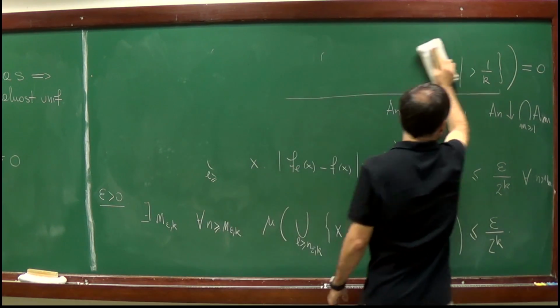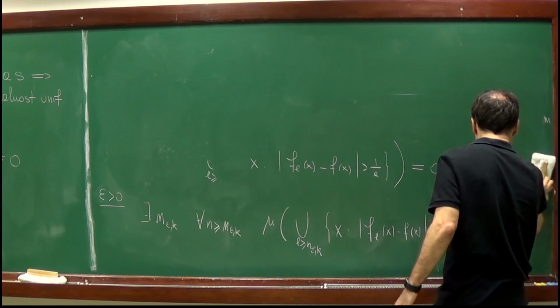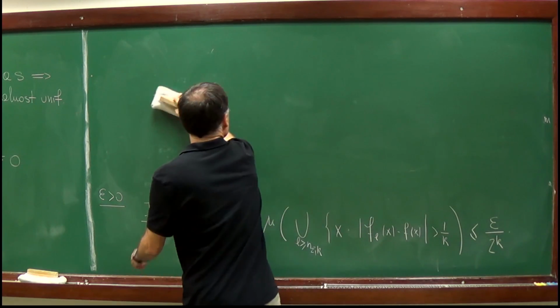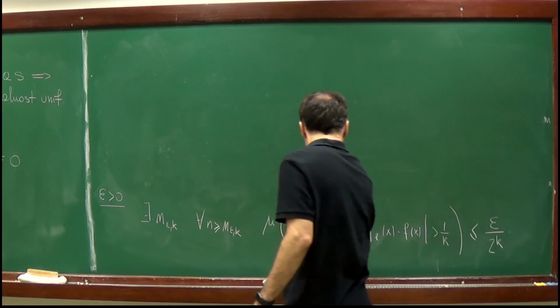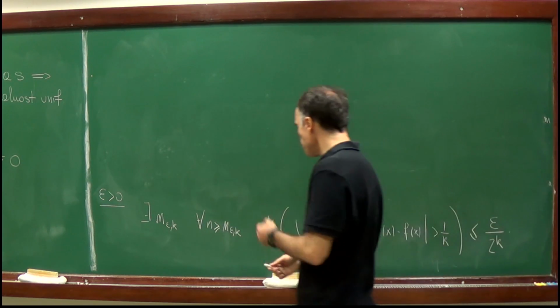So let me erase in order to continue in the same blackboard. We are almost at the end of the proof. So this set has measure less than epsilon over 2k.